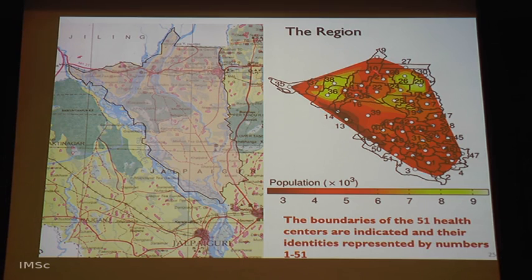The spread is according to the population. This place is where the administrative offices are, and this place is where the forest jungle region is, where relatively the population is less. The boundaries of the 51 health centers are indicated, and their identities are represented by numbers 1 to 51.